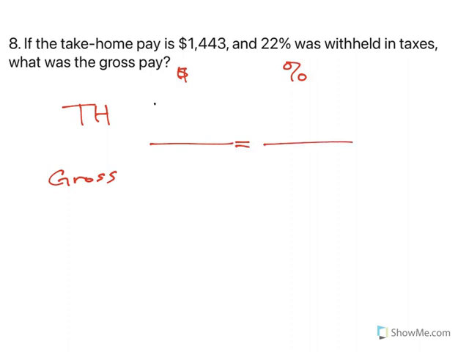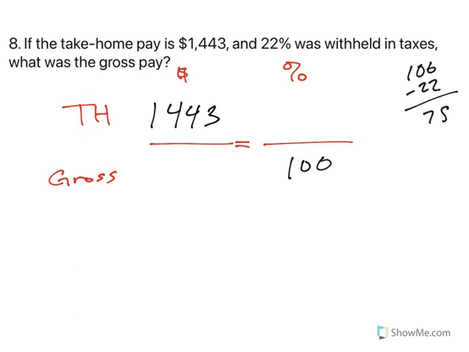Okay, so we know the take-home pay is $1,443, and 22% was withheld in taxes. Now, when you work at a job, the gross pay is the amount that you earn, and then from that, they withhold taxes. So in this case, you get to bring home 78% of that.